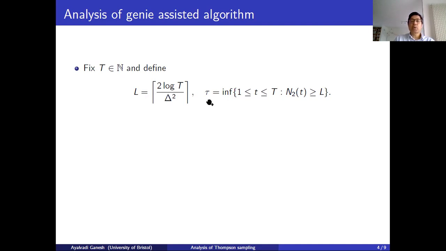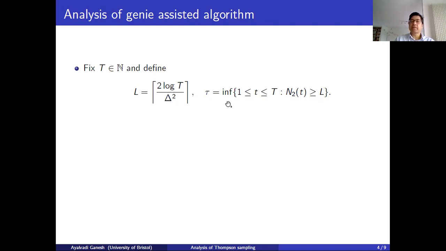And then tau is going to be defined as the smallest time little t by which arm 2 has been played at least L times. Okay? So tau is the smallest such time. Of course, it could happen that there's no such little t, that by time capital T, arm 2 has still been played fewer than L times.